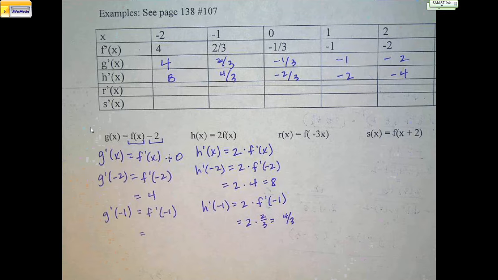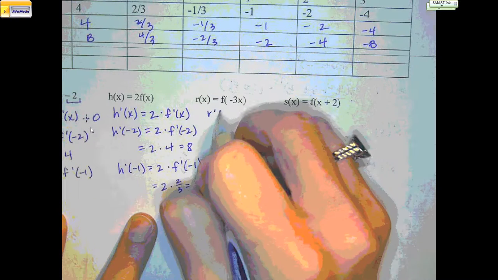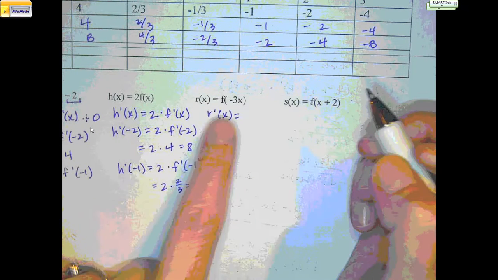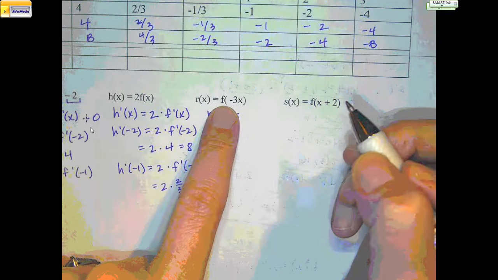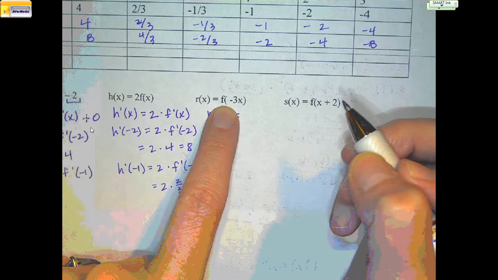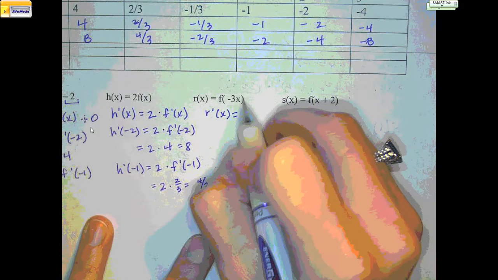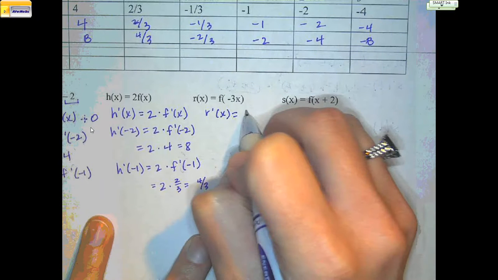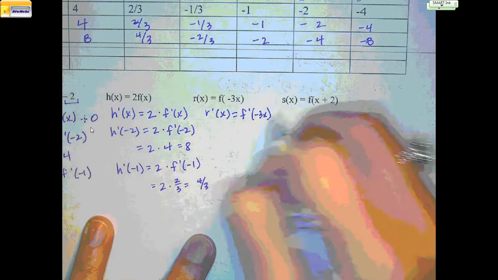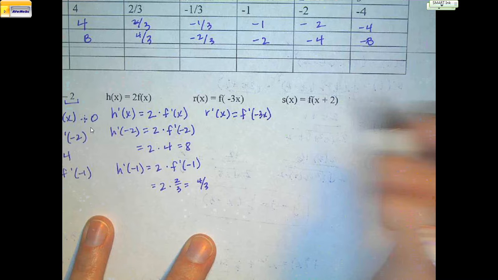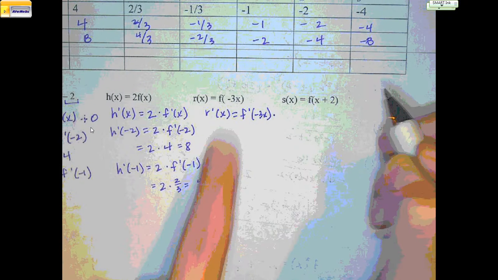Okay, r of x is a little different. To find the derivative of r of x, we've got a function inside of a function. That's chain rule. So, for chain rule, the definition says we take the derivative of f at whatever's on the inside times the derivative of your inner function.